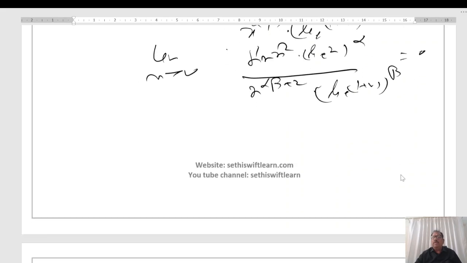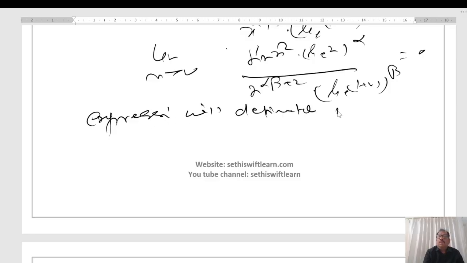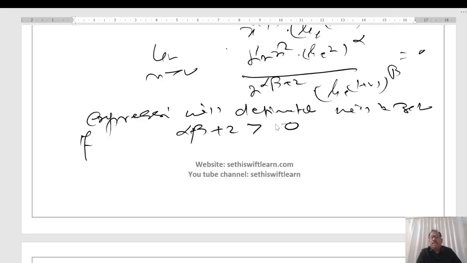This expression will definitely become 0 if alpha beta plus 2 is greater than 0. Alpha plus beta is greater than 0. Means alpha beta is greater than -2. दोनों का प्रोडक्ट -2 आएगा.